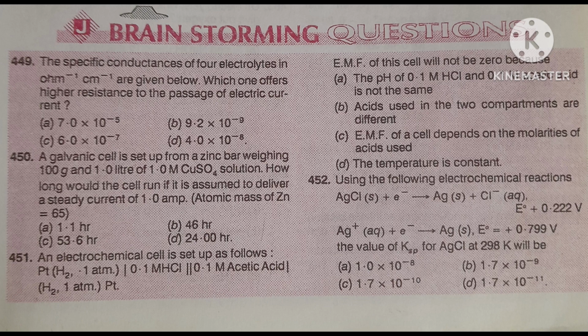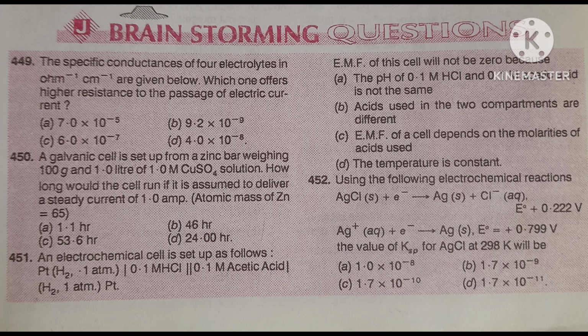Then here, first find out: 100 gram zinc is there. Then 100 gram zinc means how many moles? For that, the atomic mass is given in the question. Zinc atomic mass is 65.